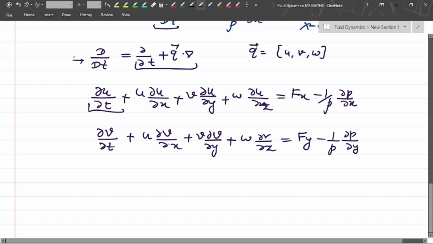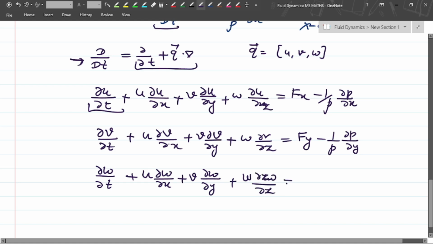If I put w in this equation, I get dou w by dou t plus u dou w by dou x plus v dou w by dou y plus w dou w by dou z, equal to the net force along z minus 1 upon rho dou p by dou z.